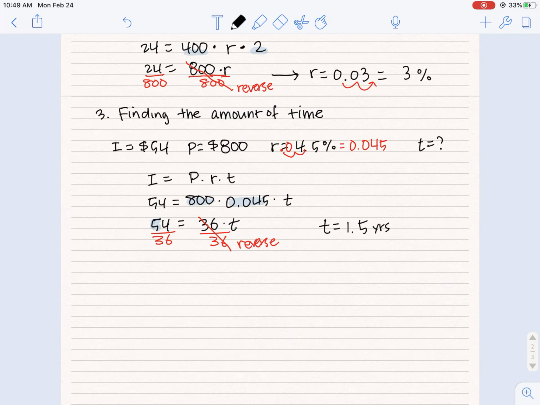Do we have anything else? Now, the last one that you have is going to be finding the amount paid for the loan. I think you were able to find out. Am I missing anything? Principal. Ooh, what if you have to find out the principal?